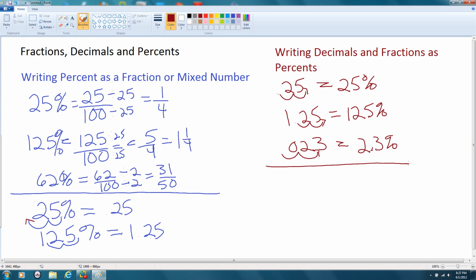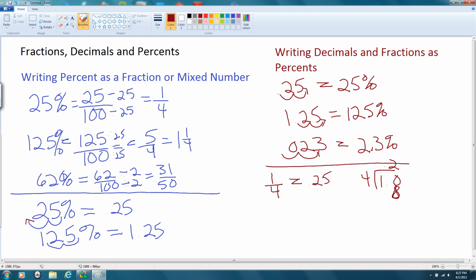So let's say I have 1/4. What I'm going to do is convert it to a decimal first. I should know that it's 0.25. In case you didn't know that, you would go 1 in the garage, 4 outside the garage, dot 0, decimal there too, and 4 goes into 10 twice, and I get 8.